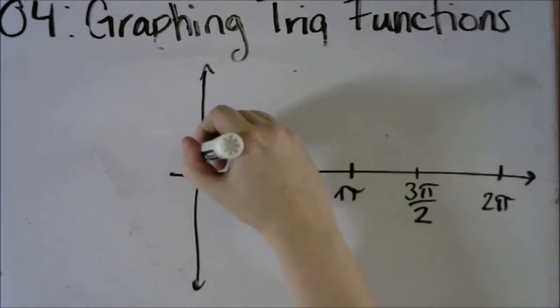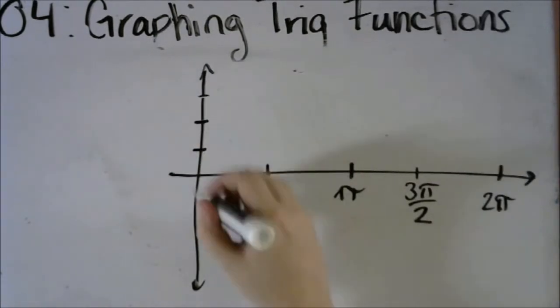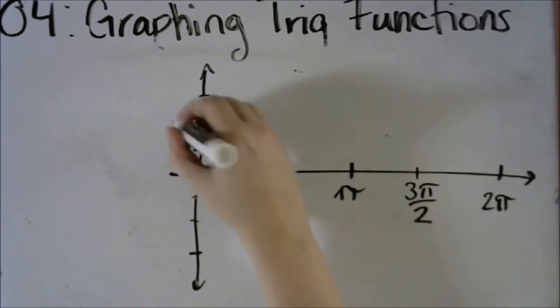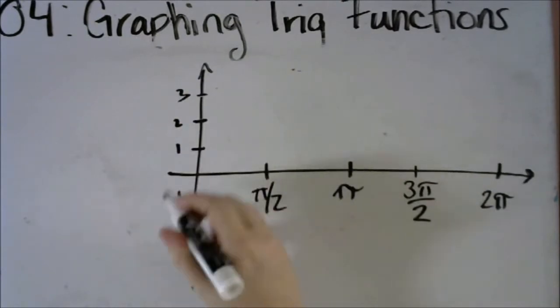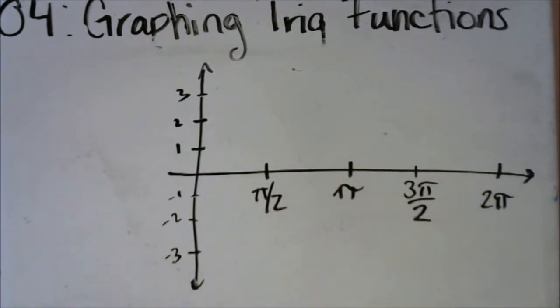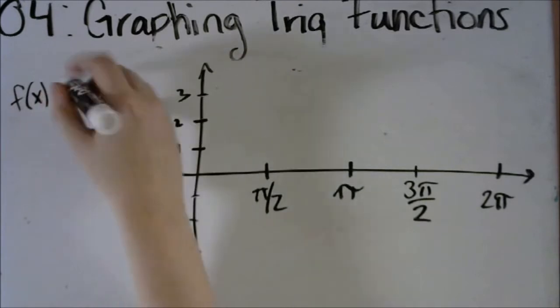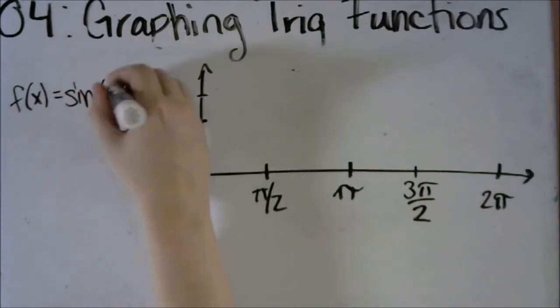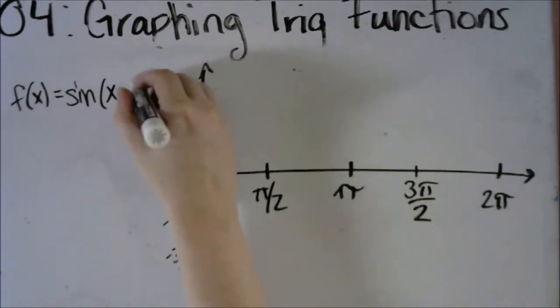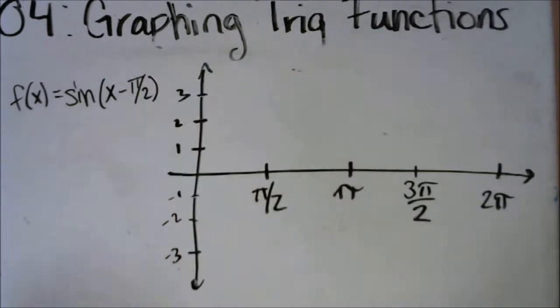And for these examples, let's count 1, 2, 3, 1, 2, 3, up and down the y-axis. Okay, for our first example, we're going to go ahead and graph f of x equals sine of x minus pi halves.